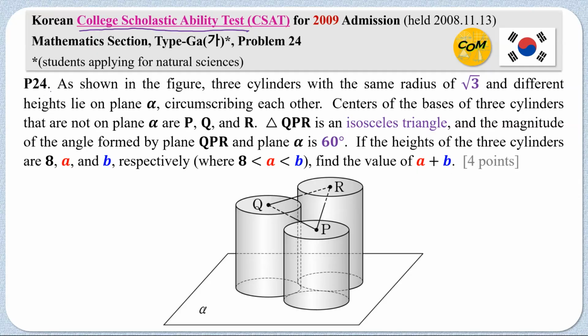Today's problem is as follows. As shown in the figure, three cylinders with the same radius of square root of 3 and different heights lie on plane alpha, circumscribing each other.